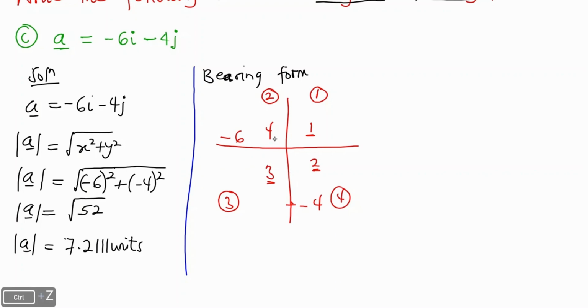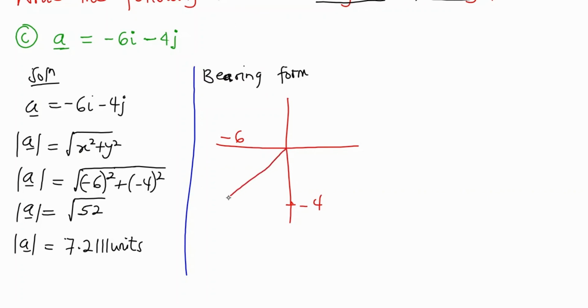So if this is clear, then we follow by using the bearing quadrant when we are dealing with questions that involve bearing. So this vector would fall in the third quadrant when we are dealing with bearing.